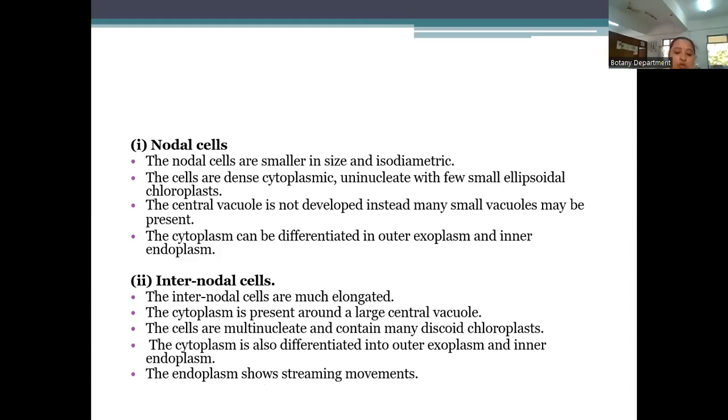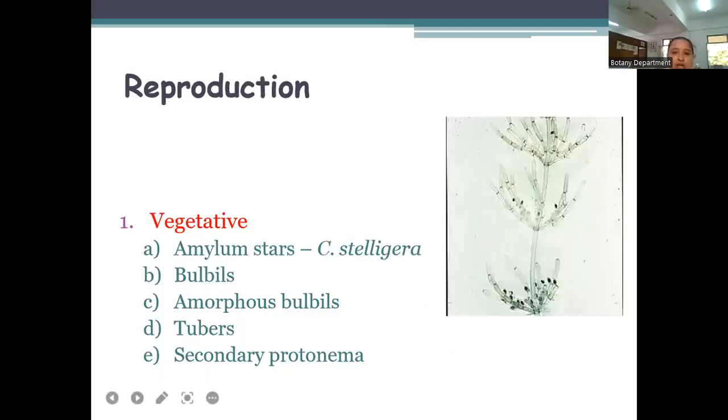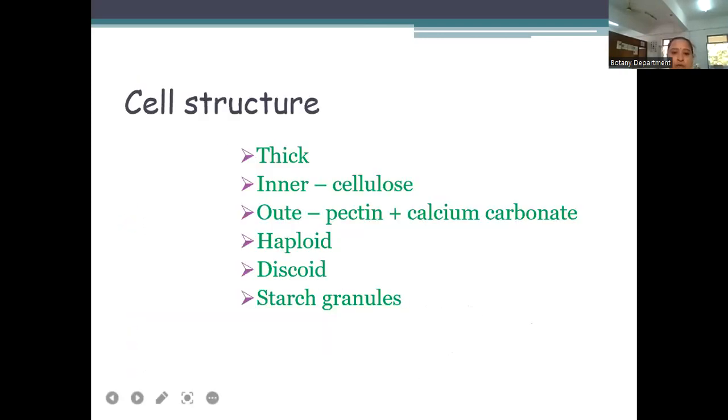This is due to alternate contraction and expansion of protein fibers fixed in each and every cell wall. The cell wall, very important, is made up of pectins and calcium carbonates.